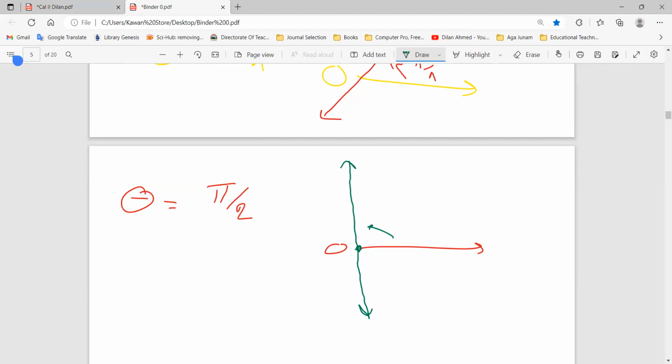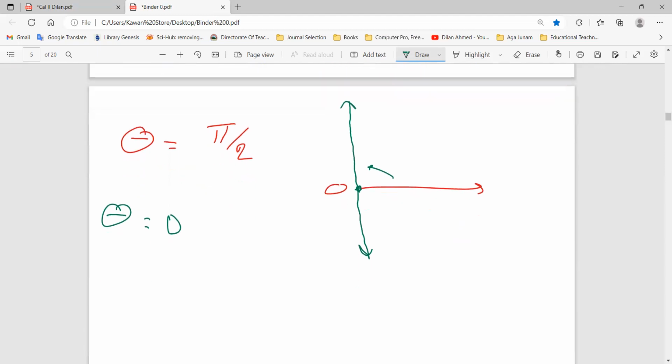Easy? Good. So how about if I say theta and 0? The x-axis in that case. Why? Because you can see from here, that one is 0 angle and 0 r. 0 angle and 1, 2, 3, 4, to infinite. 0 angle, -1, -2, -3 until minus infinite.